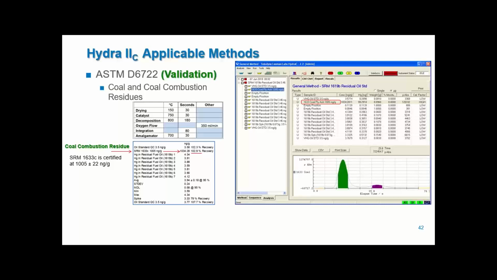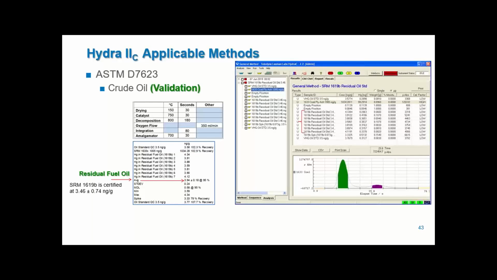Next, we have ASTM-D 6722, which is also verified by that coal ash sample because it's for coal and coal combustion residues. That came in at about 102% recovery, so looking good. And then ASTM-D 7623 is validated using 7 replicates of that fuel oil reference standard.